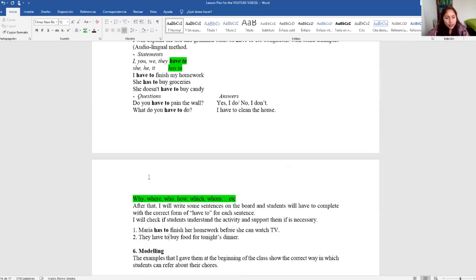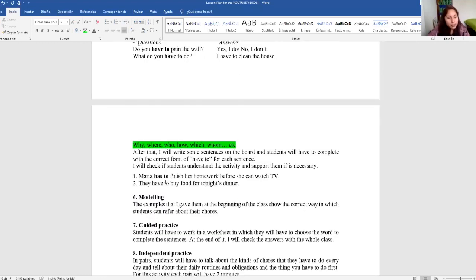So in the case the answer is negative, it could be Maria doesn't have to finish her homework before she can watch TV. And in this sentence will be, they do not have to buy food for tonight's dinner, right? So let's continue.